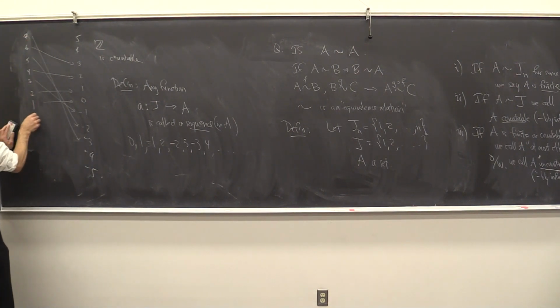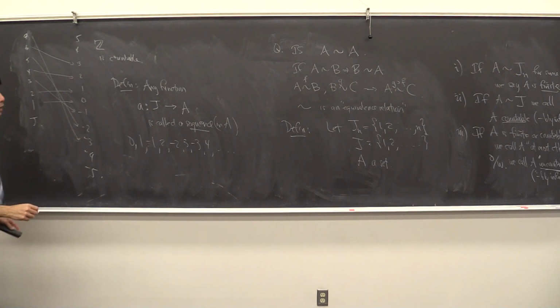This is not J of n, it's J. And given that A is equivalent to J, then the function defined by mapping J to A is called a sequence, right?